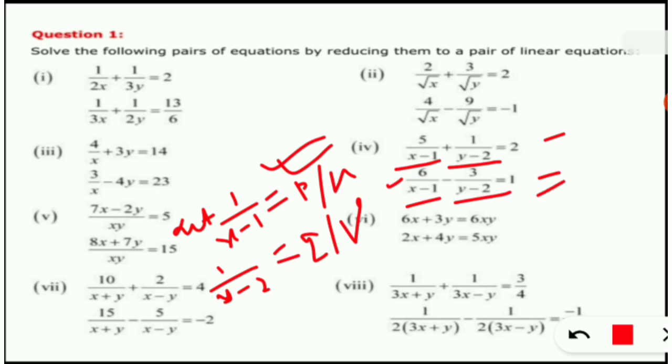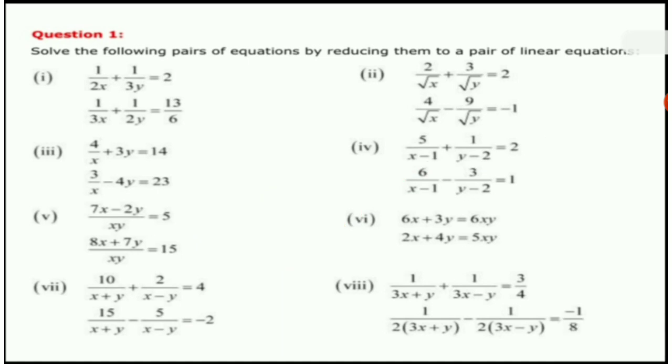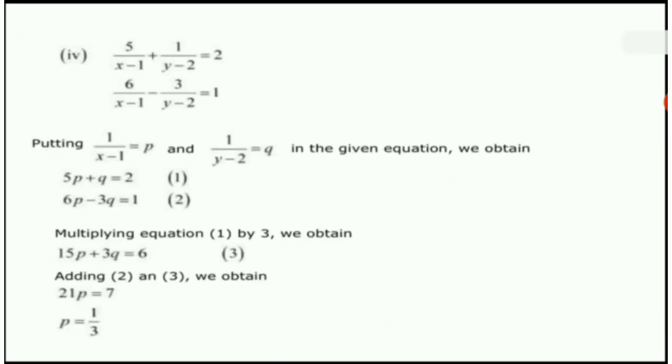Okay, now see the answer. Putting 1 by x minus 1 equals p and 1 by y minus 2 equals q in the given equations, we obtain 5p plus q equals 2 and 6p minus 3q equals 1. So here we eliminate q.